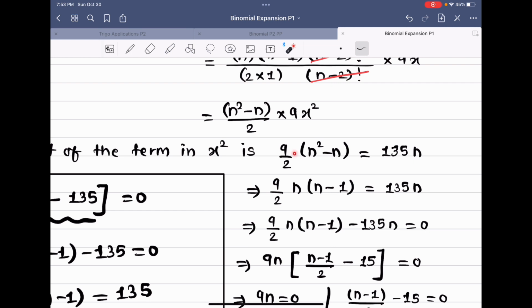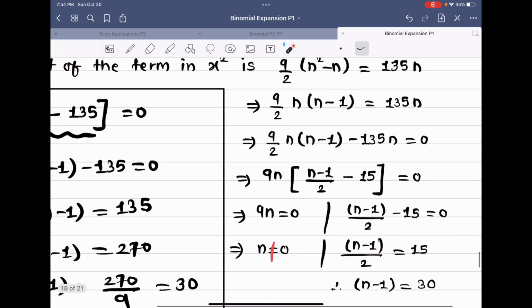So here it is 9 by 2. n squared minus n, I am writing n common, n minus 1. If I take n common, n squared upon n is n, n upon n is 1, is equal to 135n. n by 2 times n into n minus 1, take this term on this side, becomes negative 135n is equal to 0.